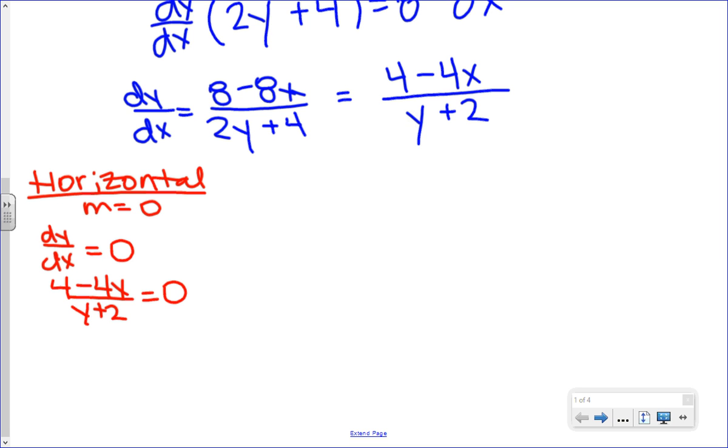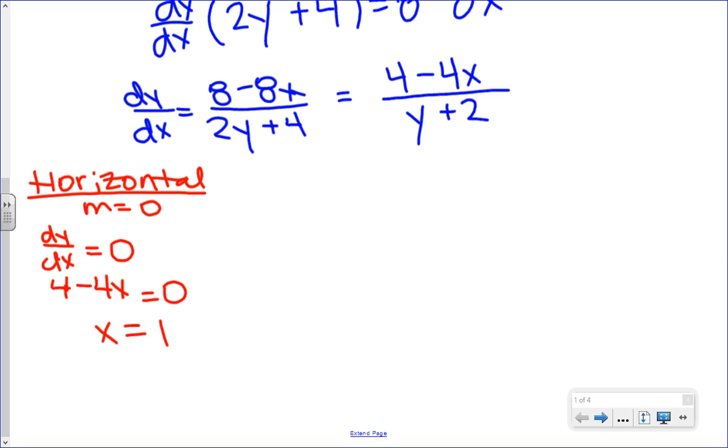We kind of talked about this yesterday, but if we have a fraction that equals 0, it really just matters where the numerator is 0. So you can see clearly that x equals 1 is where we have a horizontal tangent line.